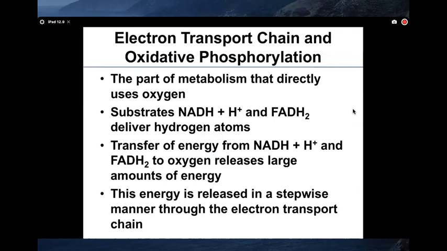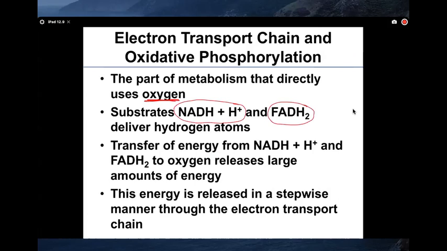This takes us to the electron transport chain and oxidative phosphorylation, which is a part of the metabolism that requires the presence of oxygen to take place. You're going to start the electron transport chain by having the hydrogen attached to their hydrogen carriers.